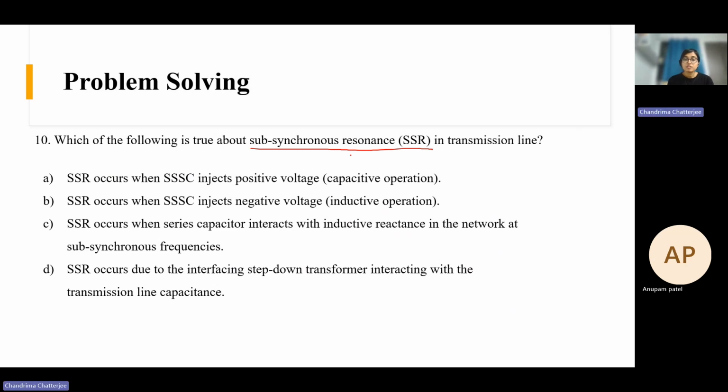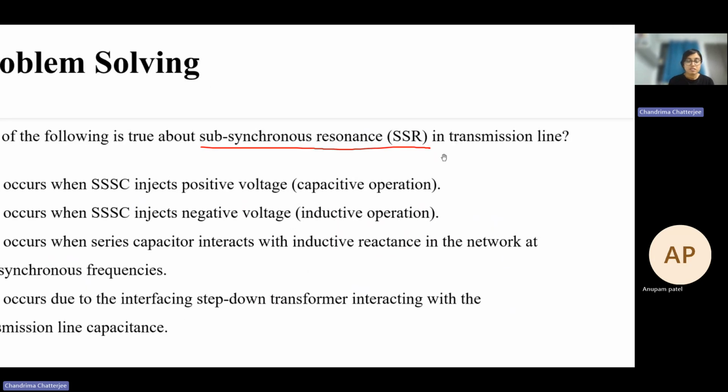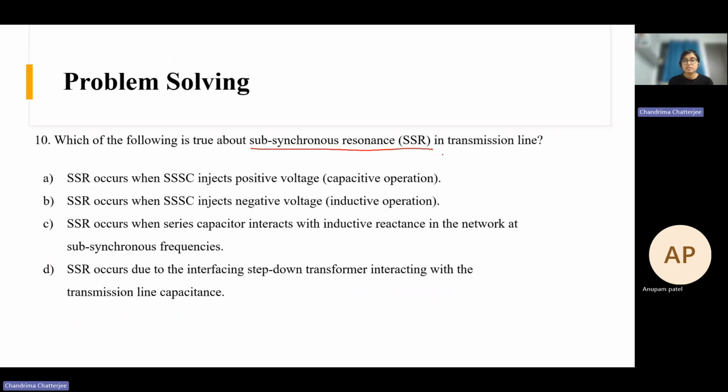So I told you that subsynchronous resonance is the resonance that occurs between any series capacitive element and the reactive impedance present in the network transmission line. Okay, and the resonance frequency is subsynchronous, that is less than the synchronous frequency of the system.